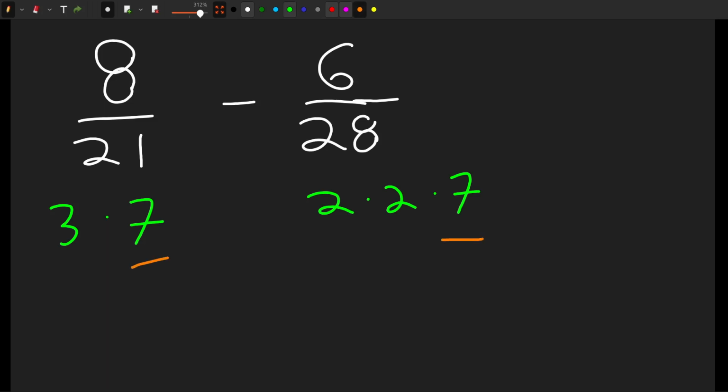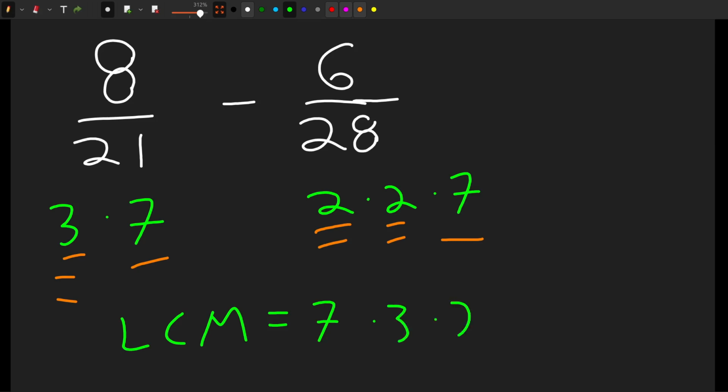So I'm only going to take one 7. I'm going to take the 2's from 28. I'm going to take the 3 from 21. And so my lowest common multiple in this case is going to be 7 times 3 times 2 times 2. Any order works. 2 times 2 is 4. 4 times 3 is 12. 12 times 7 is 84.